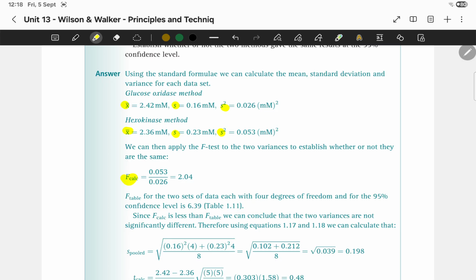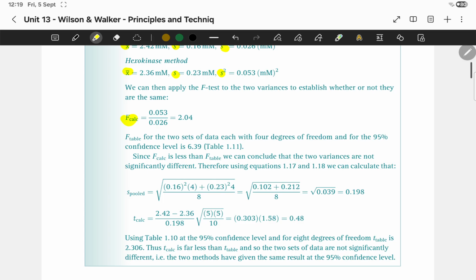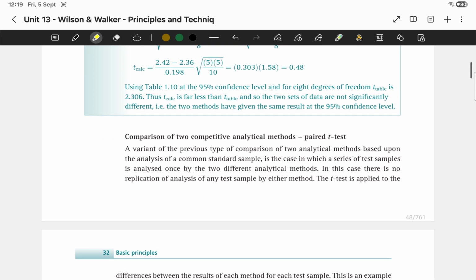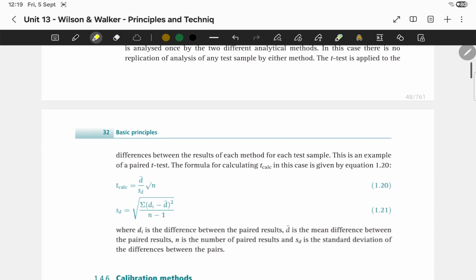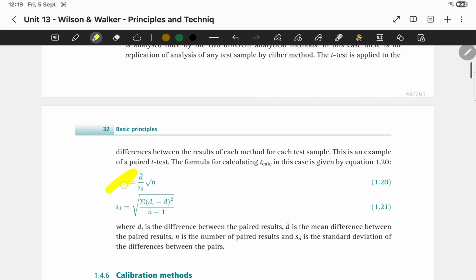So this is F calculated. F table is for the set degrees of freedom. If F calculated is less than F table, the two variances are not significantly different. Therefore the use of this S pooled is this, and T calculated is this, so it is used to compare. Paired t-test and variance is another. So it's this and it is this.